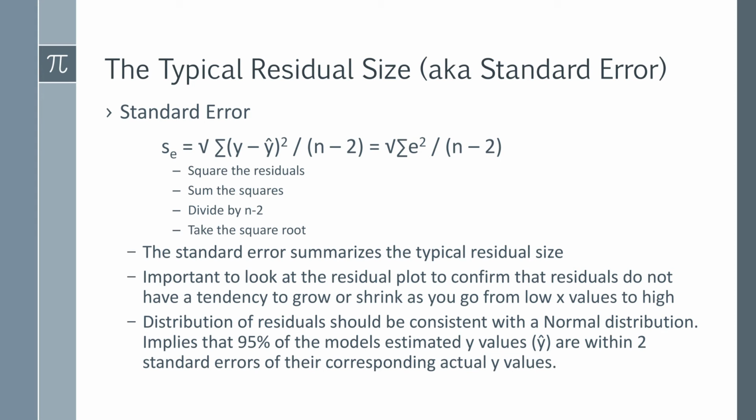That's what I mentioned on the previous slide: we don't want to see any pattern in our residual plot. The distribution of the residuals should be consistent with a normal distribution, which implies that 95% of the model's estimated y values, or y hat, are within 2 standard errors of their corresponding actual y values.